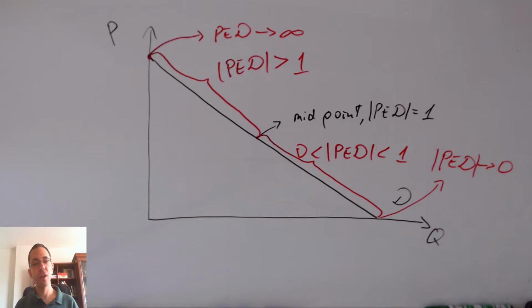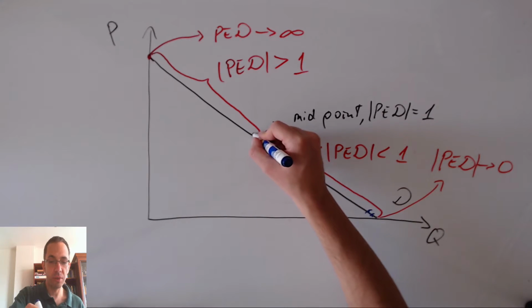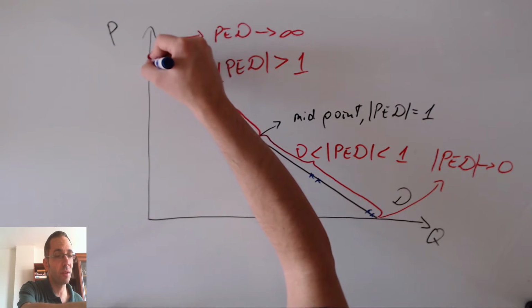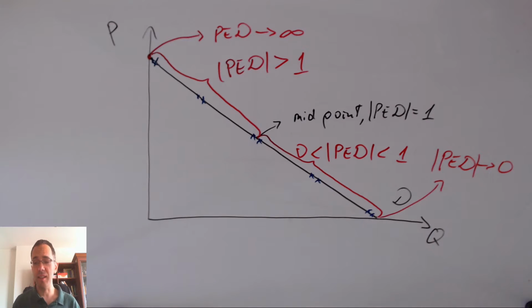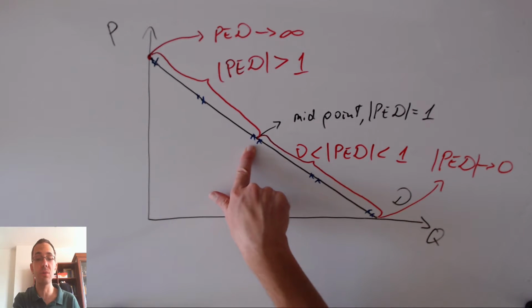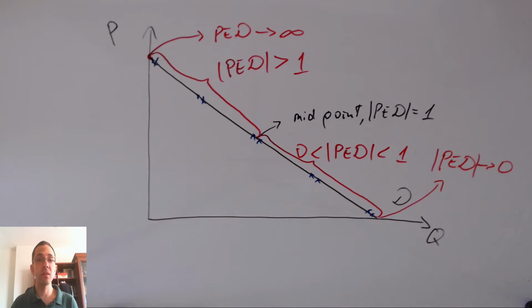If you draw a demand curve and take points along it where you're measuring the price elasticity of demand, you always need 2 points to measure it. If you figure out the coordinates and calculate these elasticities, you will notice that these values will be close to 0, these values will be between 0 and 1, these values will be close to 1, these values here would be greater than 1, and over here you will get a very high value of PED.